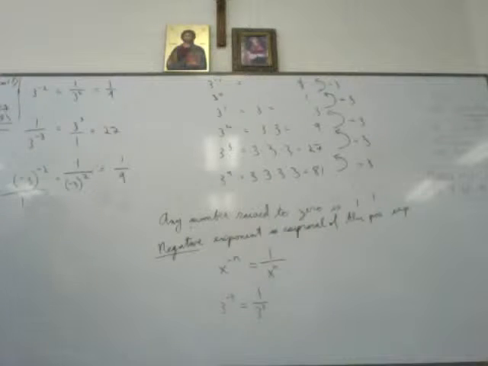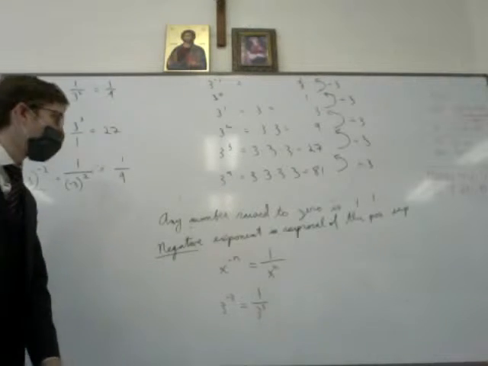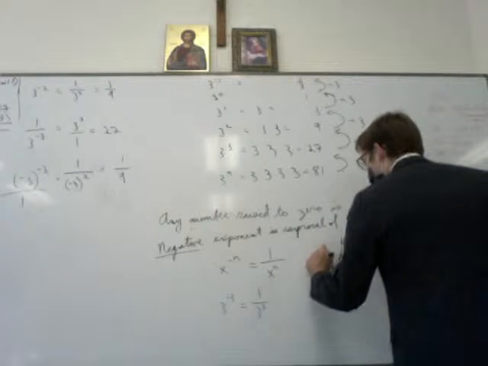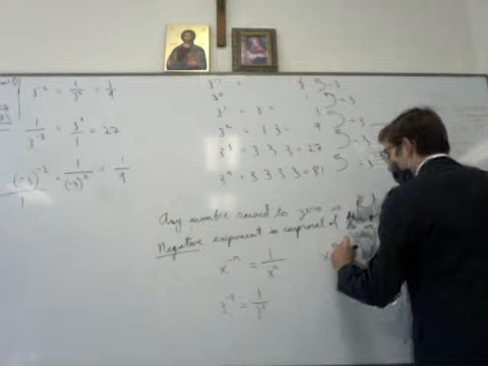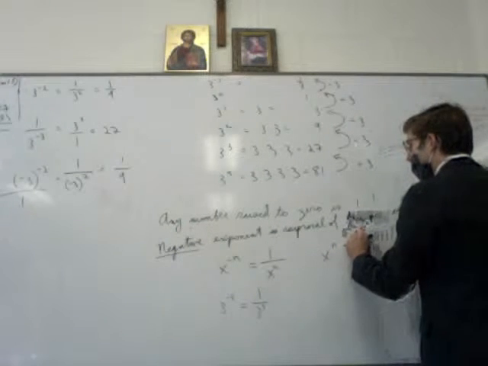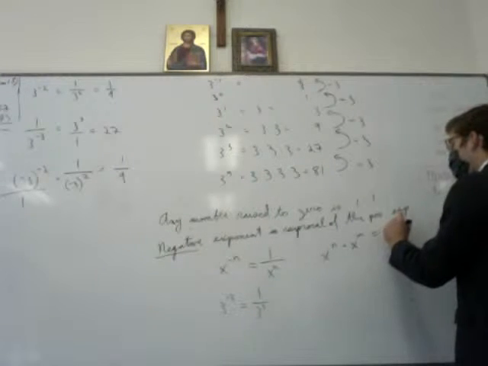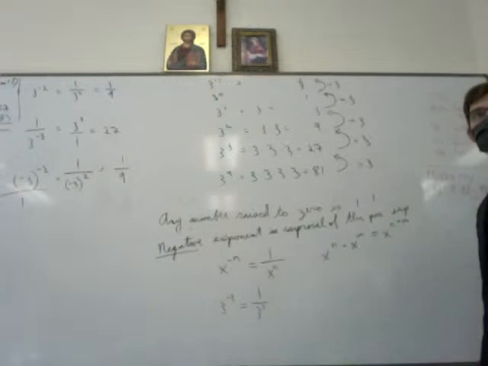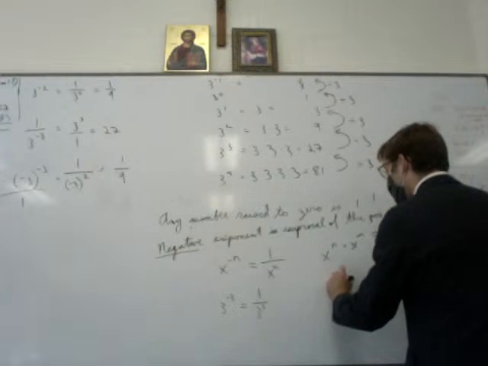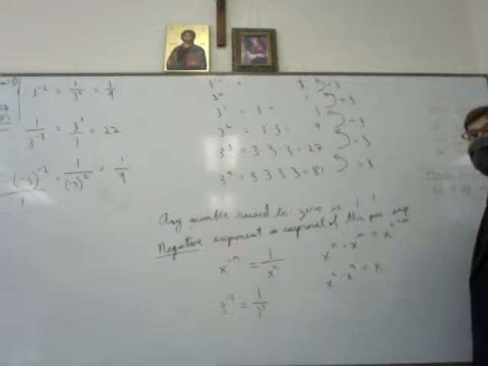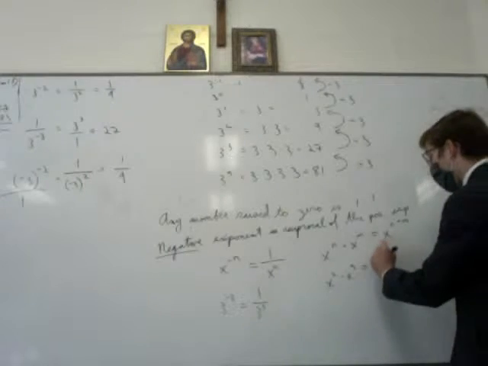Okay, remember our product rule for exponents. This is on the middle of page 122. The product rule for exponents means that if we've got a number raised to some power, and we're multiplying it by that same number raised to another power, we add the exponents together, right? X squared times x cubed gives us what? X to the fifth, right?